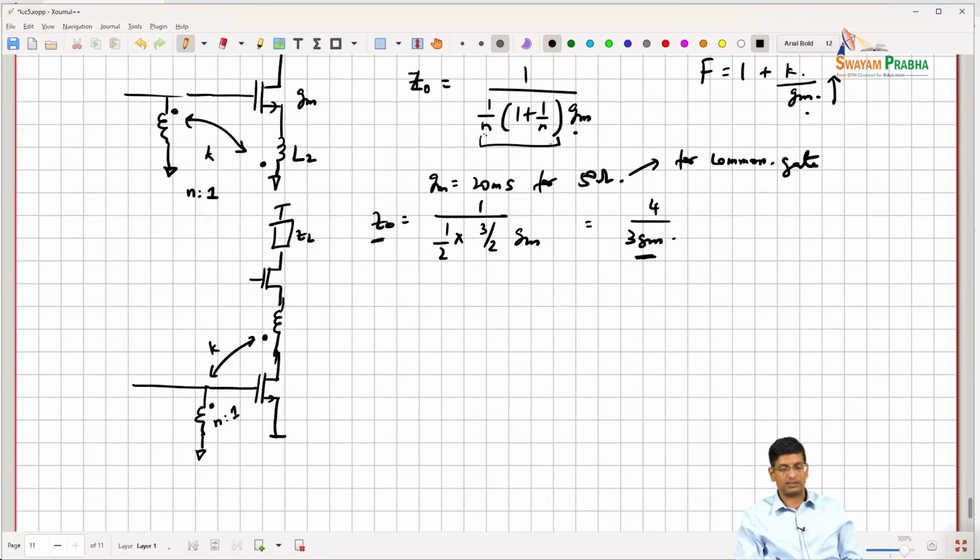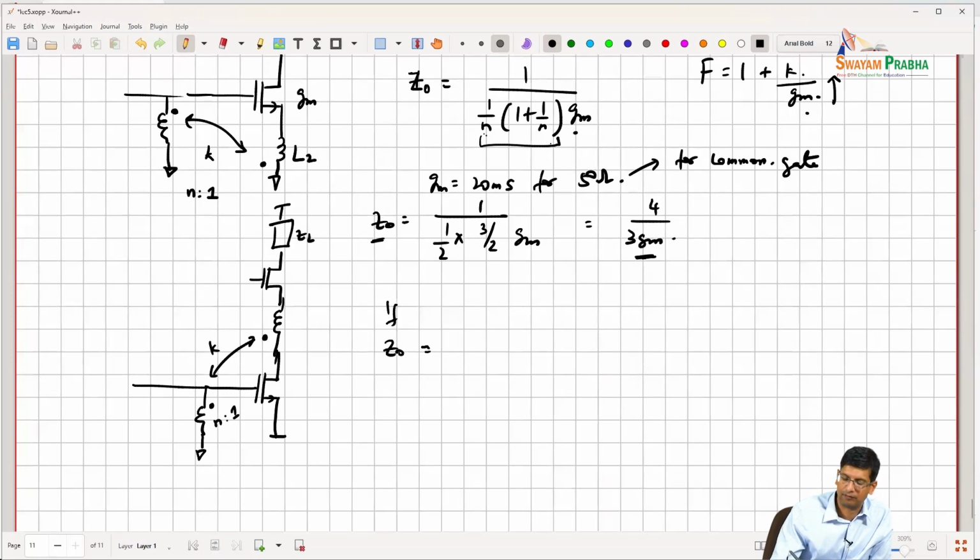And with this type of topology, what you can show is that Z naught, again, if K is 1, is in this case, I guess, n over gm1.